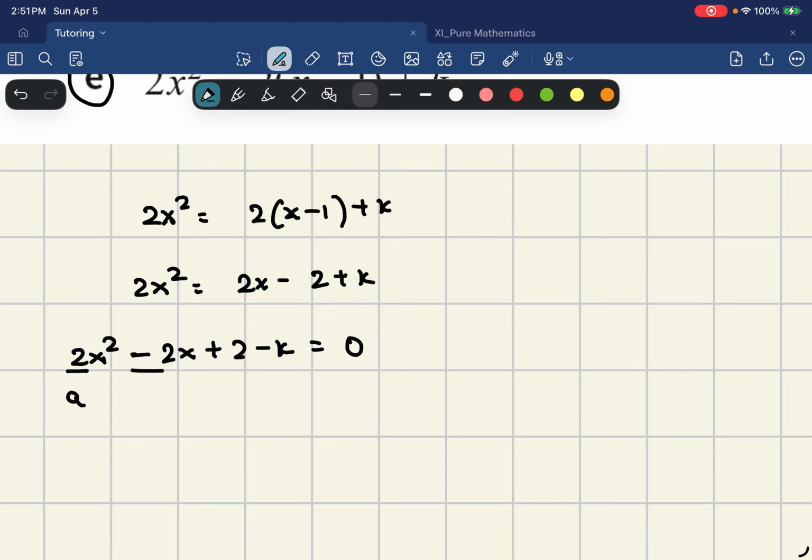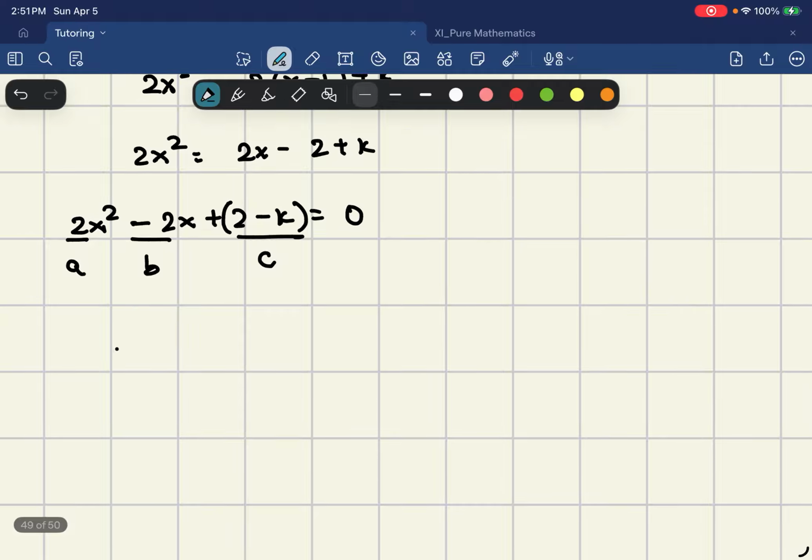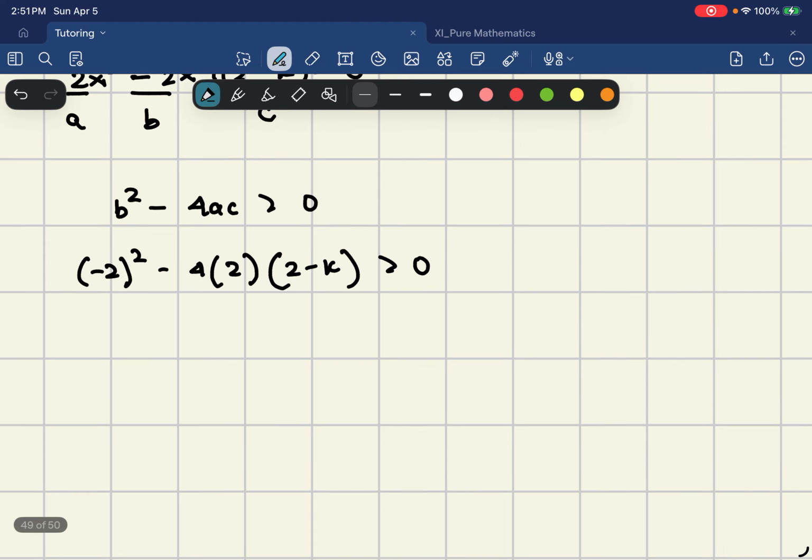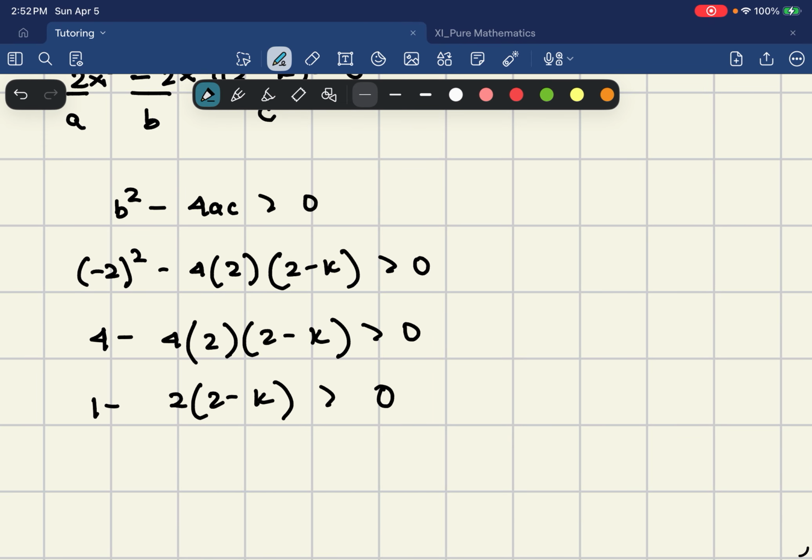So this is A, this is B, everything here is C. B squared minus 4AC has to be positive. So minus 2 squared minus 4 times A is 2, C is 2 minus k, is positive. 4 minus 4 times 2 times 2 minus k. I can divide by positive 4 without worry. So 4 divided by 4 is 1, and 2 minus k is bigger than 0.